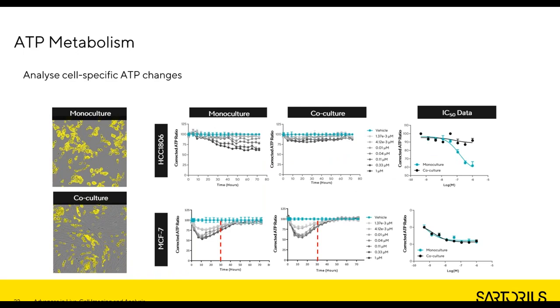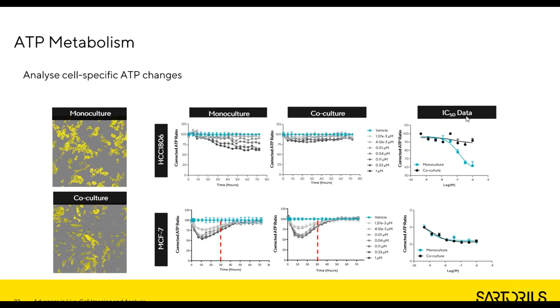We may be interested in the way that our cells utilize energy, but tumor cells in a living human being or in an animal model are going to be surrounded by a lot of fibroblast supporting cells. So when we do this in co-culture, we can look for subtle differences between the way that different cell types interact with our constitutively expressing ATP sensing cell lines.